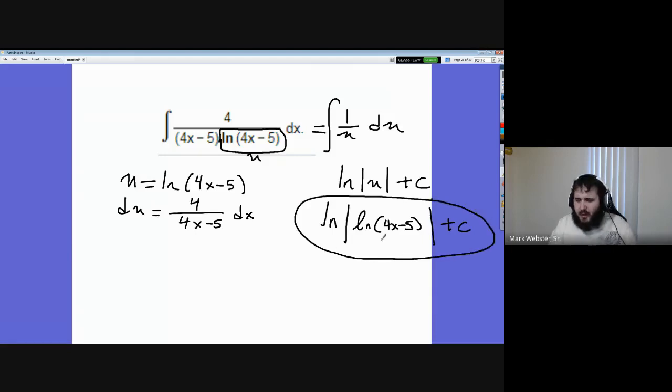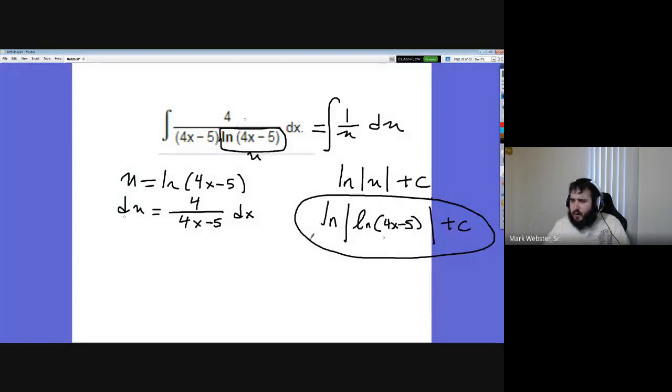So some of you may be looking at that going, but Mr. Webster, there are absolute values on the outer ones and just normal parentheses on the inner ones. What's happening? Well, when you integrate from something else to a natural log, remember that the natural log has a domain from 0 to infinity, not including 0, right?